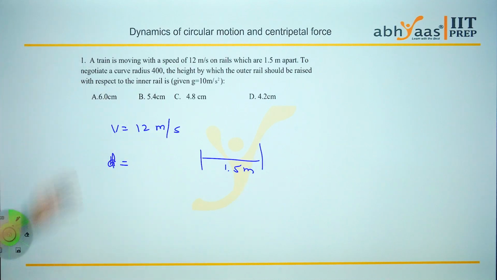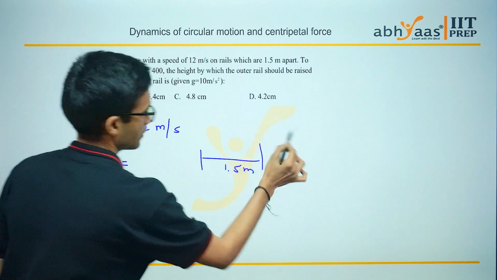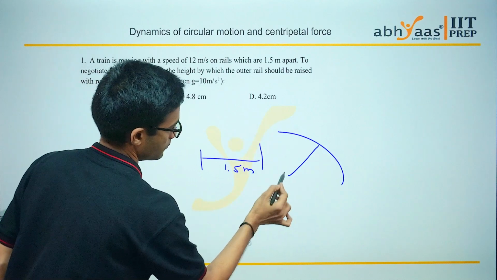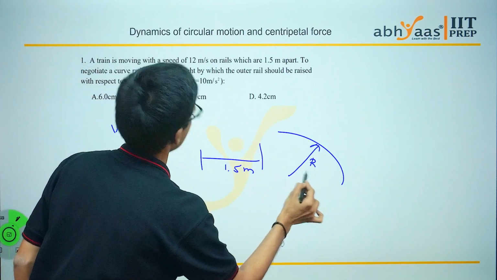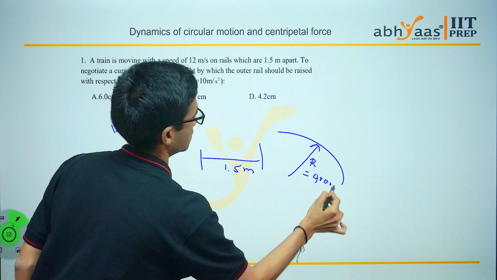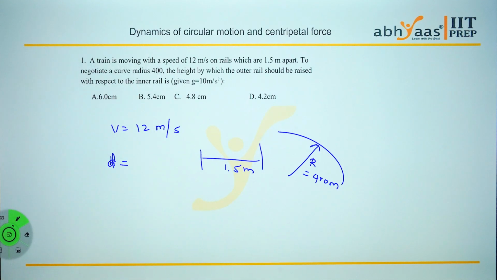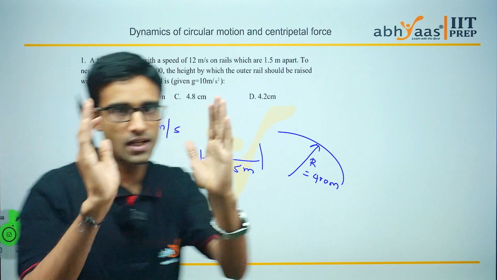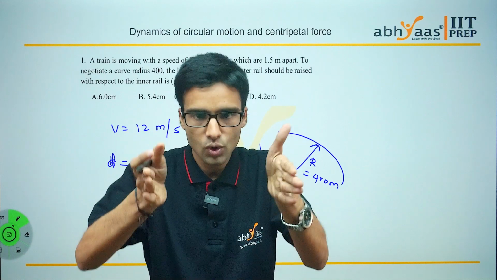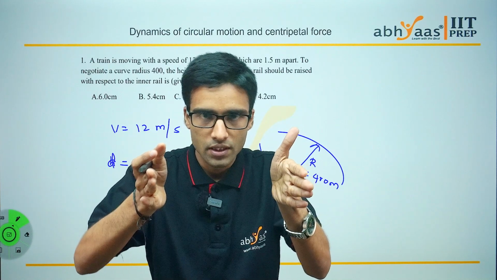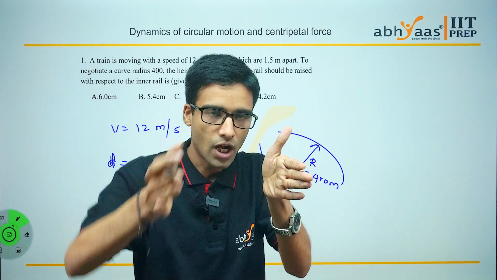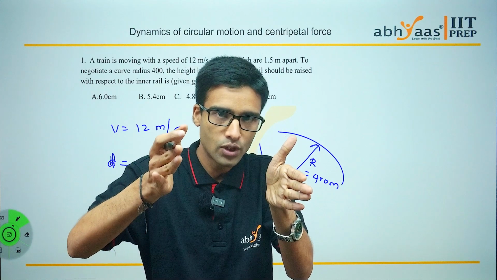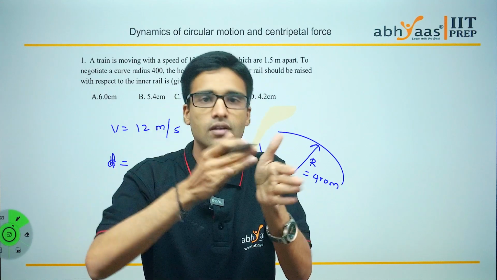To negotiate the curve of radius 400 meters, we need to find the height by which the outer rail should be raised with respect to the inner rail. So if the rails are traveling like this but the curvature is like this, in order to negotiate the curve, we need to increase the height of the railing.